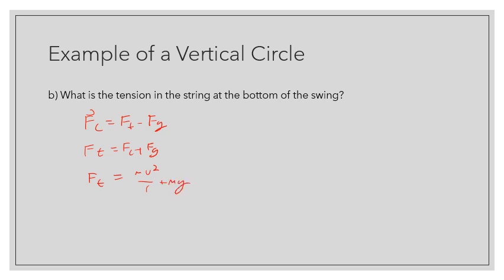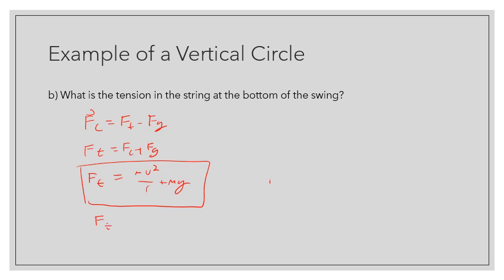It's Ft minus Fg because Ft is going in the upwards direction while Fg is going in the downwards direction. So this is the center of the circle, and the lock, or the ball, is down here. Gravity is pointing downwards, but tension is pointing upwards. So tension is equal to mv squared over r plus mg.